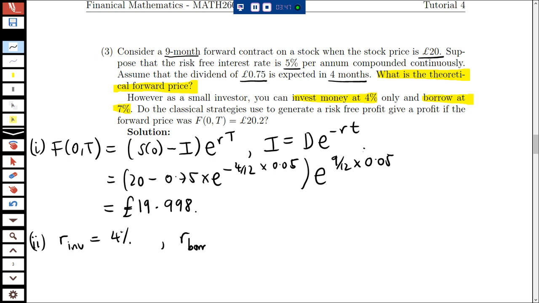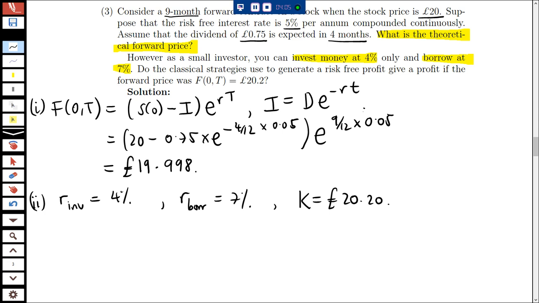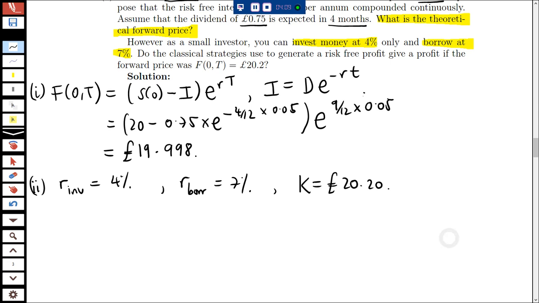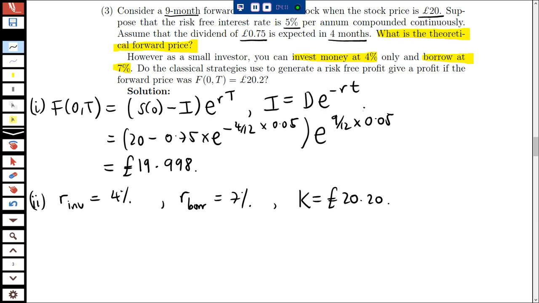The rate that we borrow is 7%, and the strike price is £20 20 pence, because we're told that's the value of the forward, and we need to now follow the classical strategy.